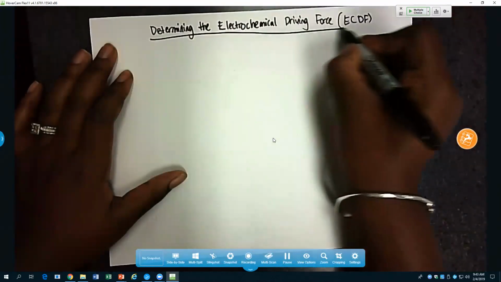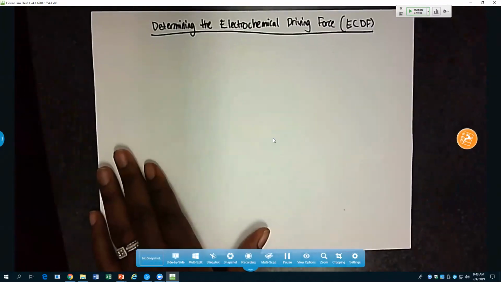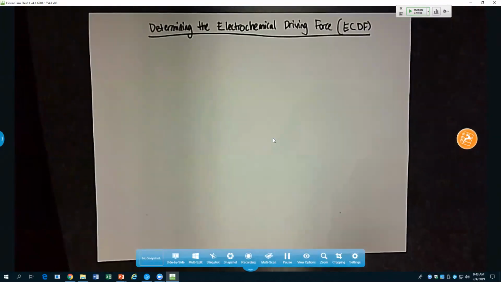How do we determine the electrochemical driving force if we have two different forces?